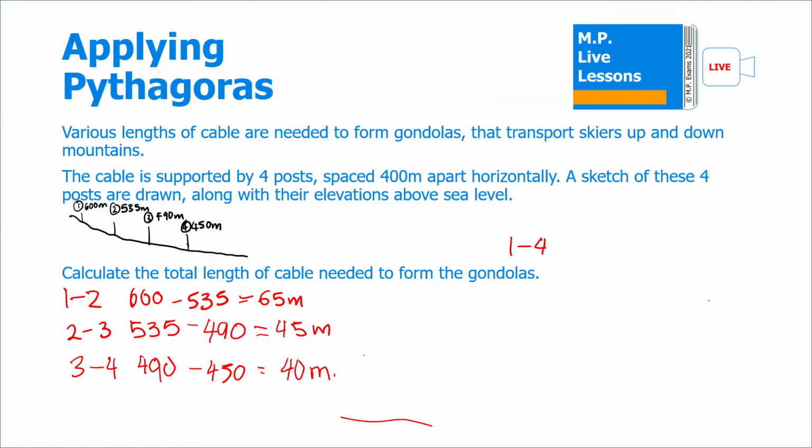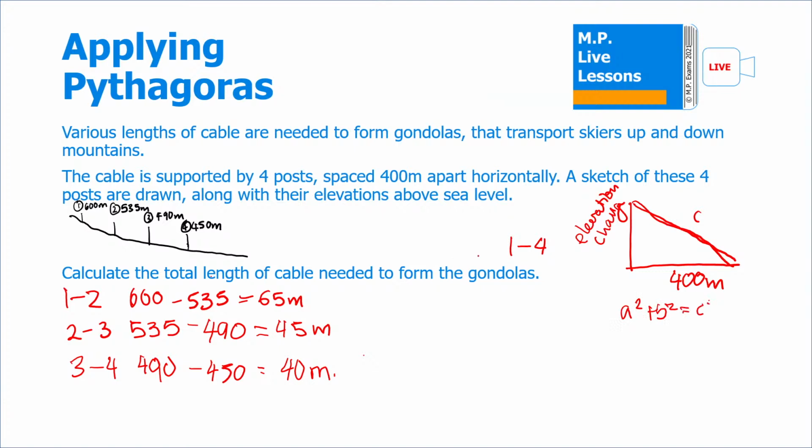So if you do Pythagoras on each, you'll find the hypotenuse each time. So like the horizontal length is always just 400 meters in this example, and then this is your elevation change. And this is just C. And just to get C on its own, you'll just have to square root.